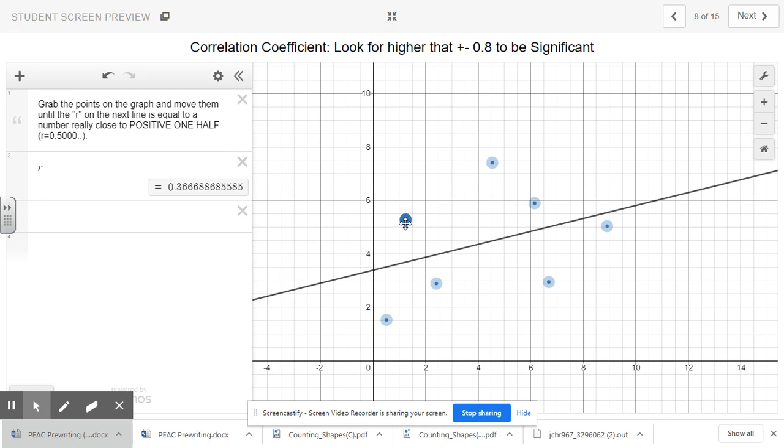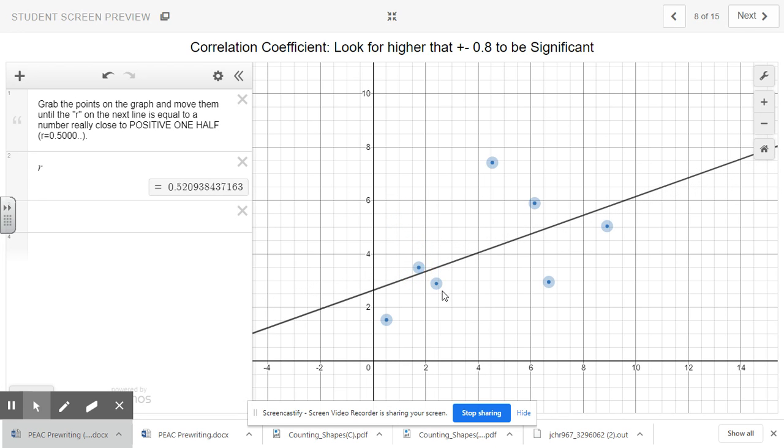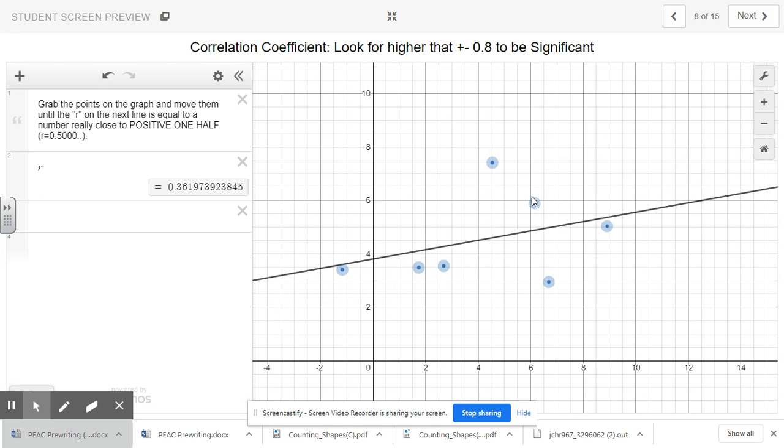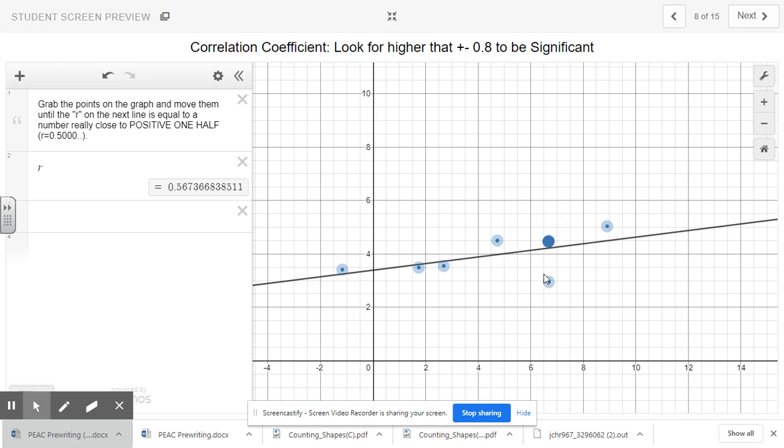It's not really close to the data, and we know that because the R coefficient, the correlation coefficient, is only 0.3. As you get closer and closer, I'm comparing data to see if they actually have a correlation or relationship. If they're really on the line, they get really close to 1, at 0.9.